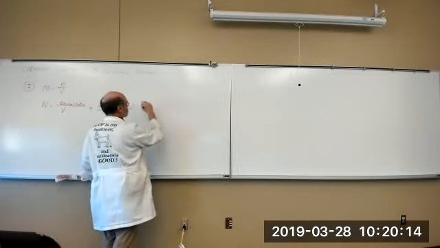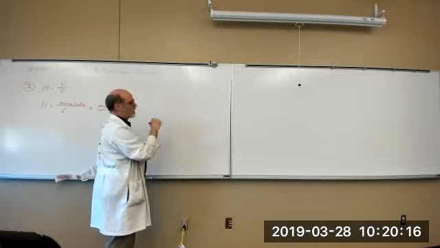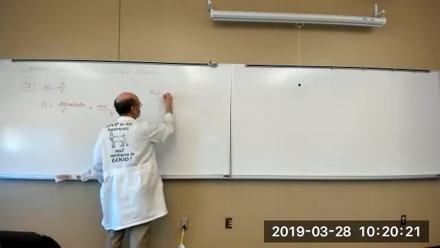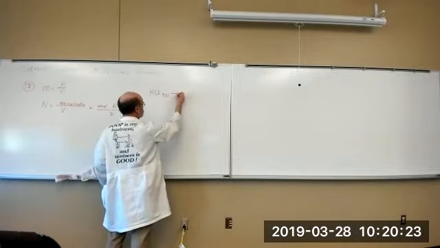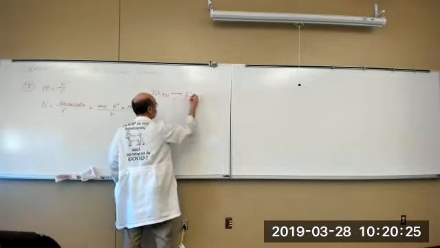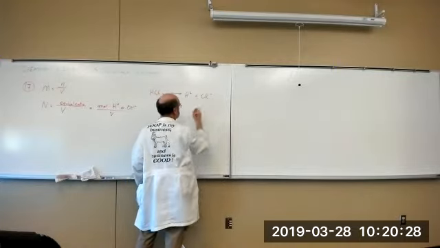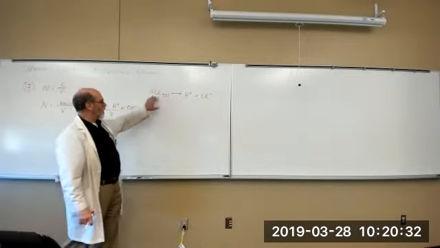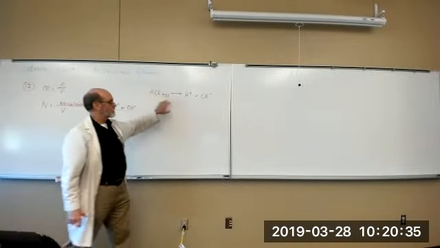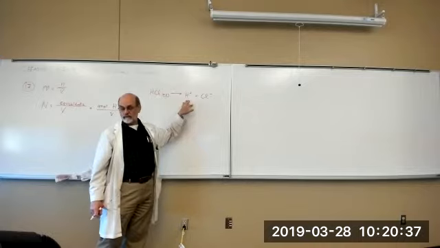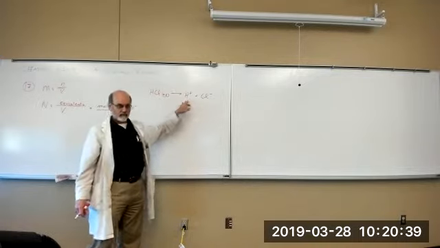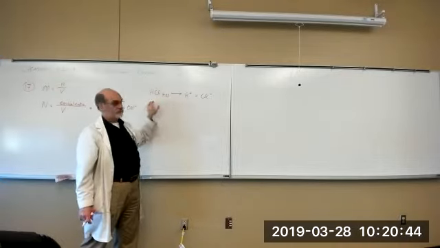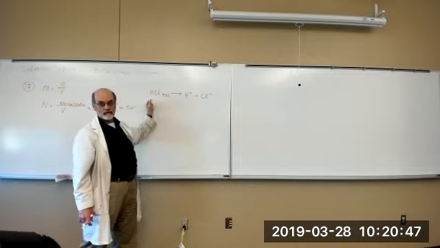If you have a reaction, let's say you were introducing hydrochloric acid into an aqueous solution, it's going to break up into those two. So for every 1 mole of hydrochloric acid, you get 1 mole of hydrogen ions. So this is an acid that gives you 1 equivalent per mole.